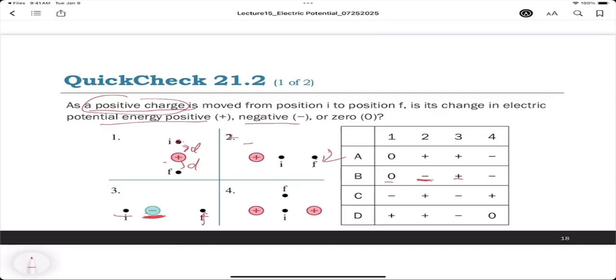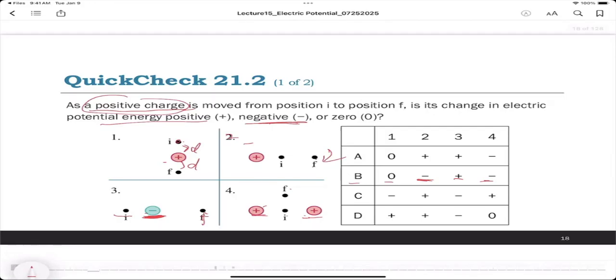You move it from I to F, which means you get away from the positive charge source, which means the electric potential energy should be negative. So the right answer should be B.